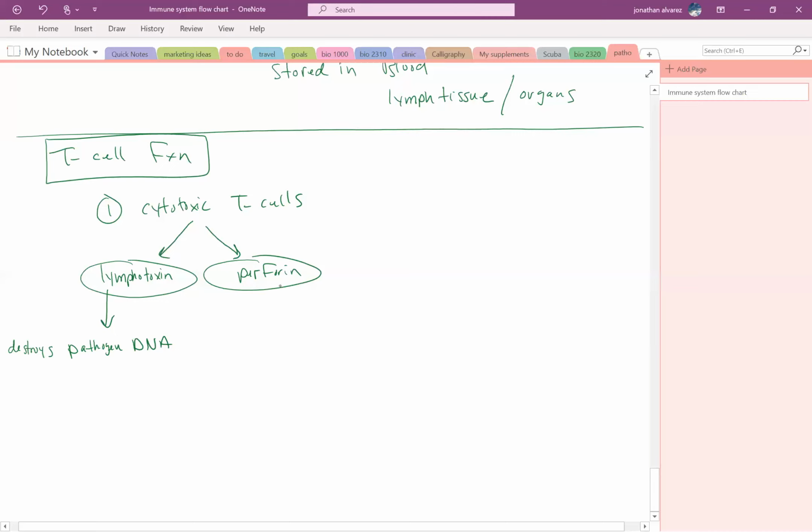The perforin causes the cell to lyse. Okay. And it does this by punching holes into the membrane.